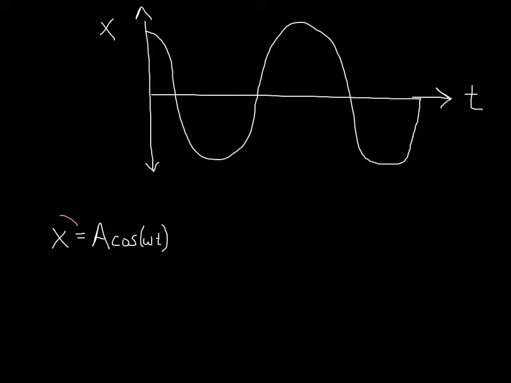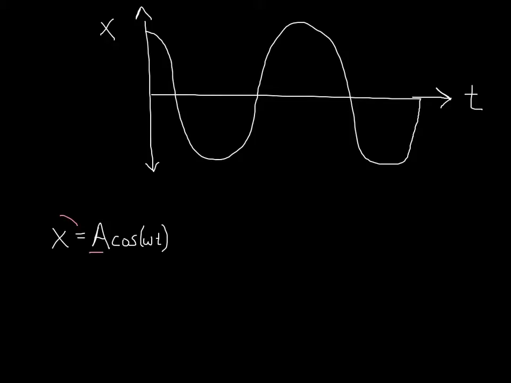I've plotted x on my vertical axis, equal to A times cosine of omega t, and it gives us this curve shape. You could plot this on a graphing calculator, you'd get the exact same shape. My x as a function of t. So this is tracing position as a function of time for a simple harmonic oscillator, for something that's bouncing up and down.